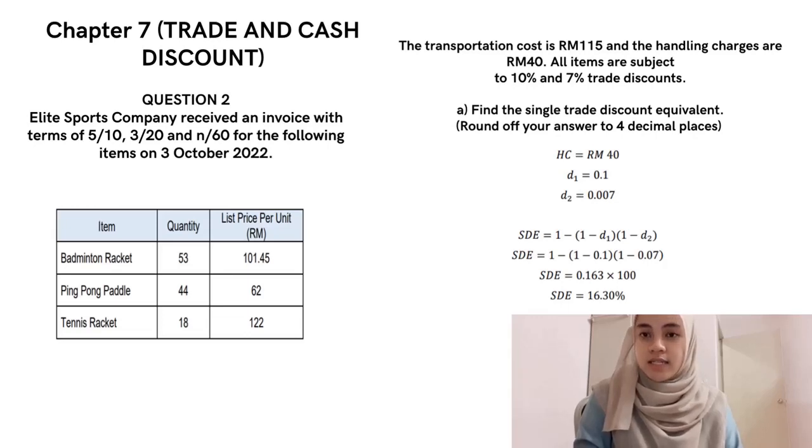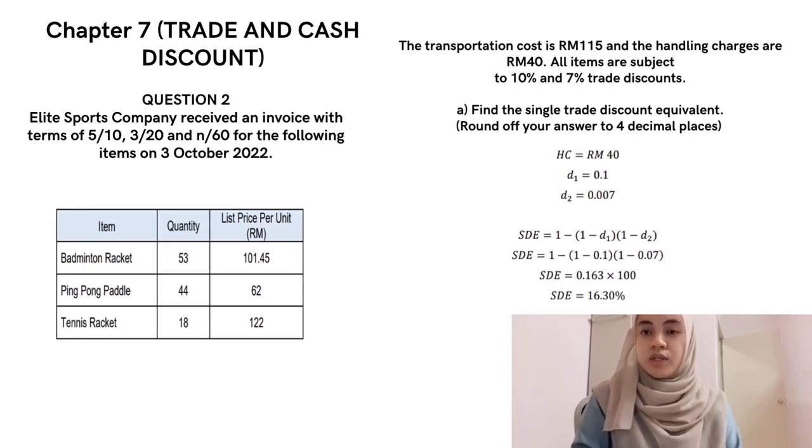The transportation cost is 115 ringgit and the handling charges are 40 ringgit. All items are subject to 10% and 7% trade discounts. Question A, find the single trade discount equivalent, and your answer should be in 4 decimal places.